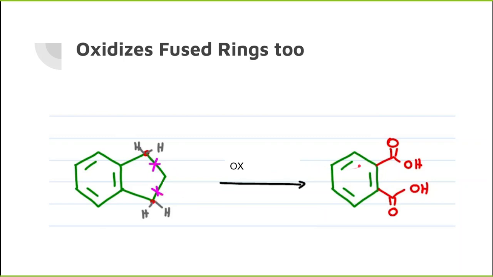And then you'll get your benzene ring with two carboxylic acid groups hanging off of it. Does everybody see that? So it's breaking this off and breaking this off as the R that gets thrown away. And then you're going to oxidize this carbon and oxidize that carbon.